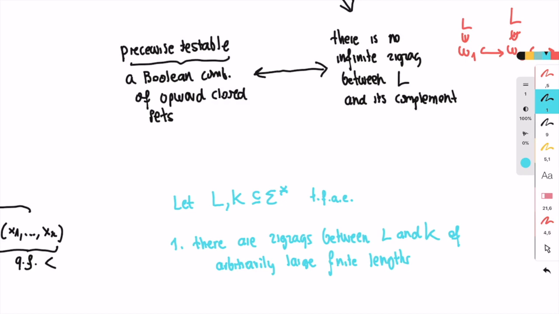So maybe not an infinite zigzag, but it can be as long as you want. L, K, L, K, L, K. Condition 2, well, there's actually an infinite zigzag.